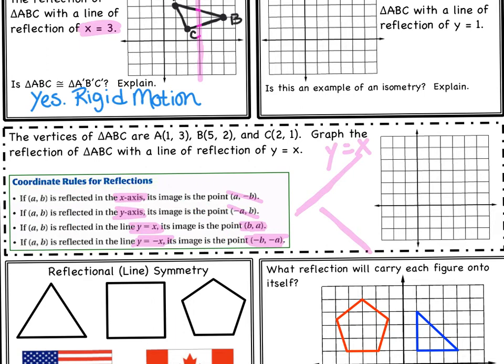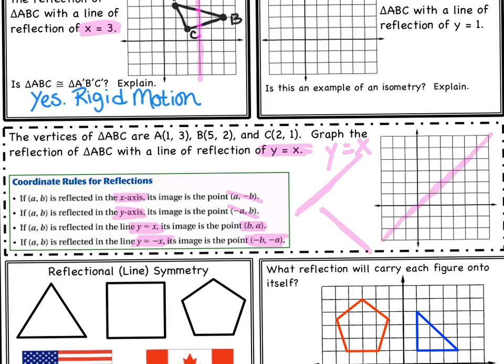So let's take a look at what we're asked to do in this particular problem. We are asked to reflect over y is equal to x. Remember, y is equal to x is that perfect diagonal line. And I'm going to try to draw it as straight as possible on the iPad here.